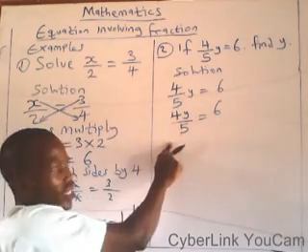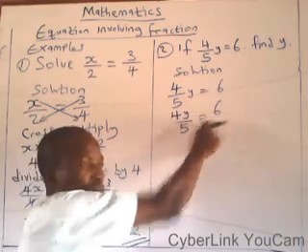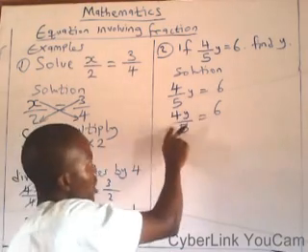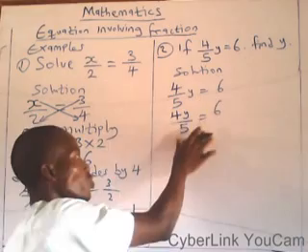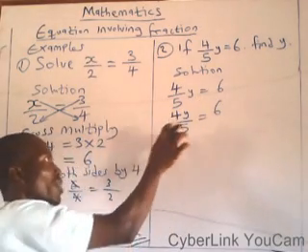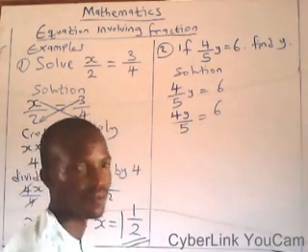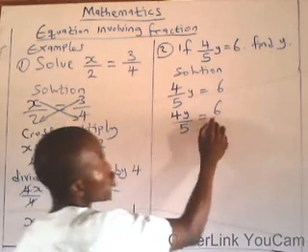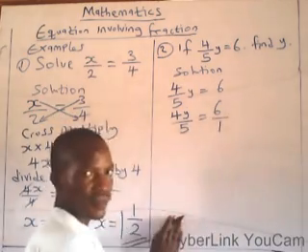This is a fraction equals to whole number. And whenever a fraction equals a whole number, what you are going to do is the same thing: cross multiply. You are going to assume that this one is over 1.